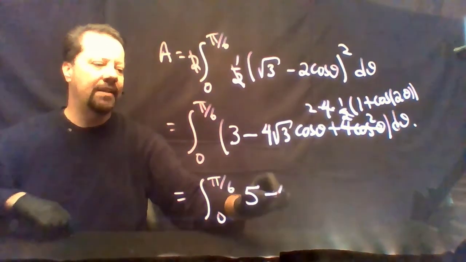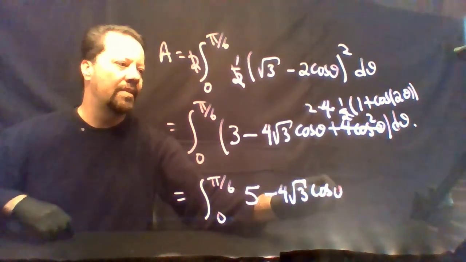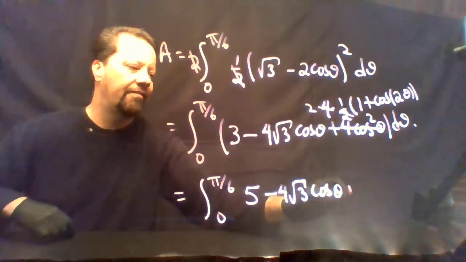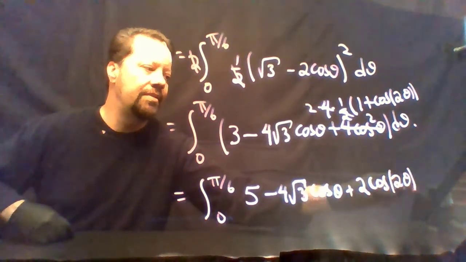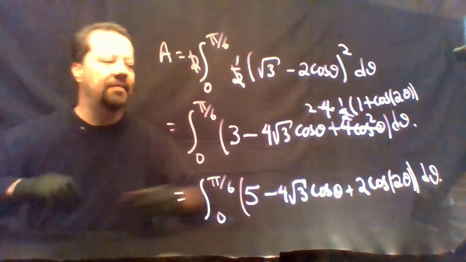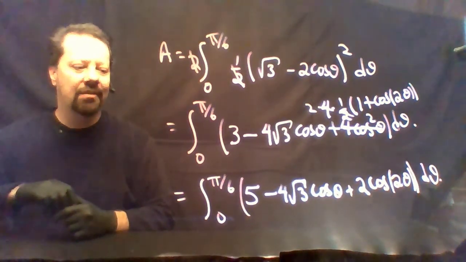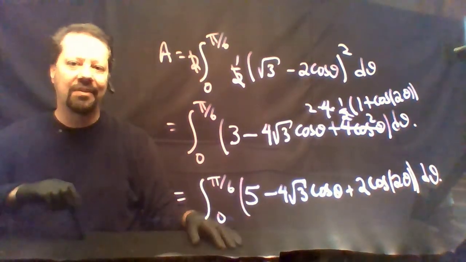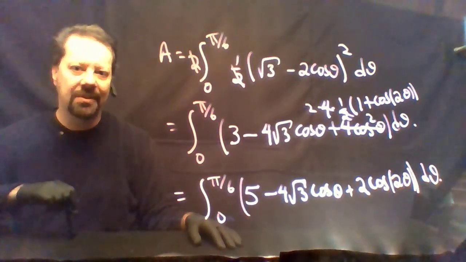We still have minus 4 root 3 cosine theta, and we will also have plus 2 cosine of 2 theta d theta. In this case, we don't get to cross out any terms because we're not integrating over either a full period or a half period for cosine.